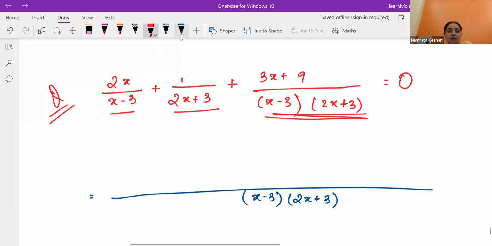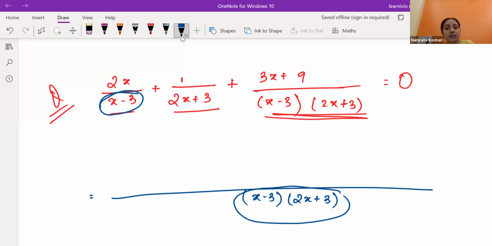Yes. Okay. Now we will write the numerator part. So x minus 3 is there. It was the previous denominator, and now the new denominator is x minus 3 multiplied with 2x plus 3. So what extra has been multiplied? 2x plus 3. That we will multiply in the numerator also, 2x plus 3. Plus, now previously 2x plus 3 was there, now also 2x plus 3 is there.